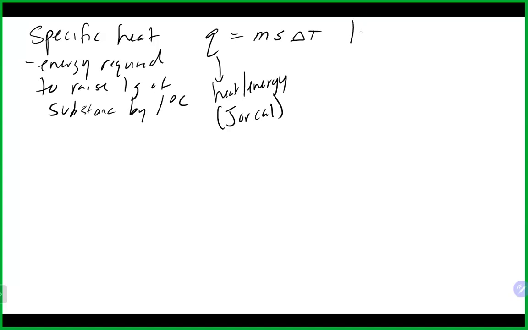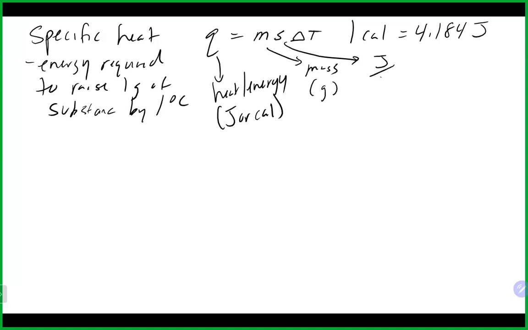Relationship, right? 1 calorie is 4.184 joules. That also is the specific heat of liquid water, which is a number they want you to remember. M is our mass in grams. S is our specific heat capacity in joules per gram per degree Celsius, or calories per gram per degree Celsius.